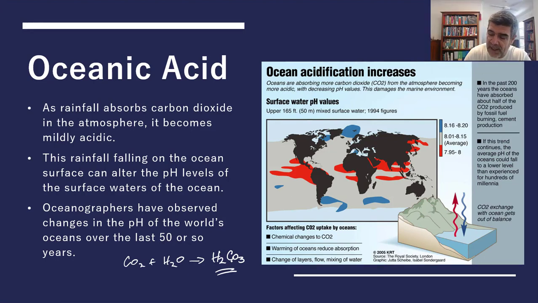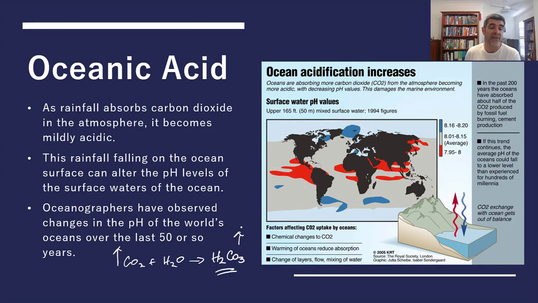So if we have an increase in the levels of carbon dioxide, it makes sense that we might have an increase in the amount of acid, and that there might be a relationship between increased carbon dioxide levels in the atmosphere and ocean acidification. For example, we know that changes in the amount of precipitation can alter the pH levels of particularly the surface waters of the ocean, and also any water bodies on the land. This includes rivers, streams, lakes, and so forth.